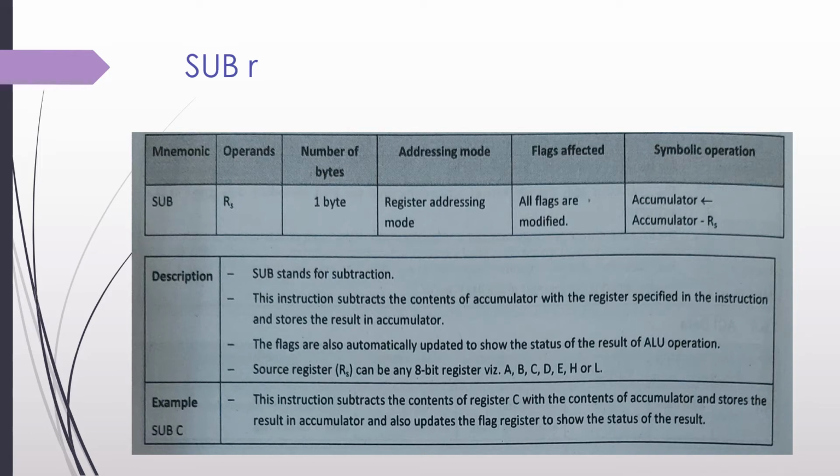Now, as it is a 1 byte instruction, the opcode itself gives the full meaning to the microprocessor. Now we'll see one example of subtraction, how the subtraction happens, and after subtraction the result will be placed back in accumulator. So that is subtract R.